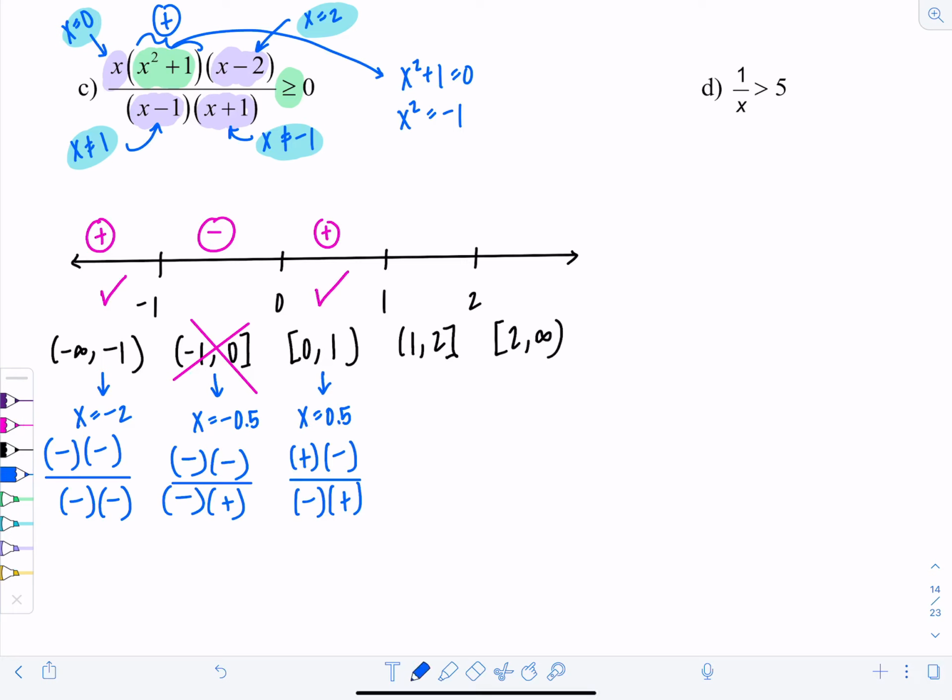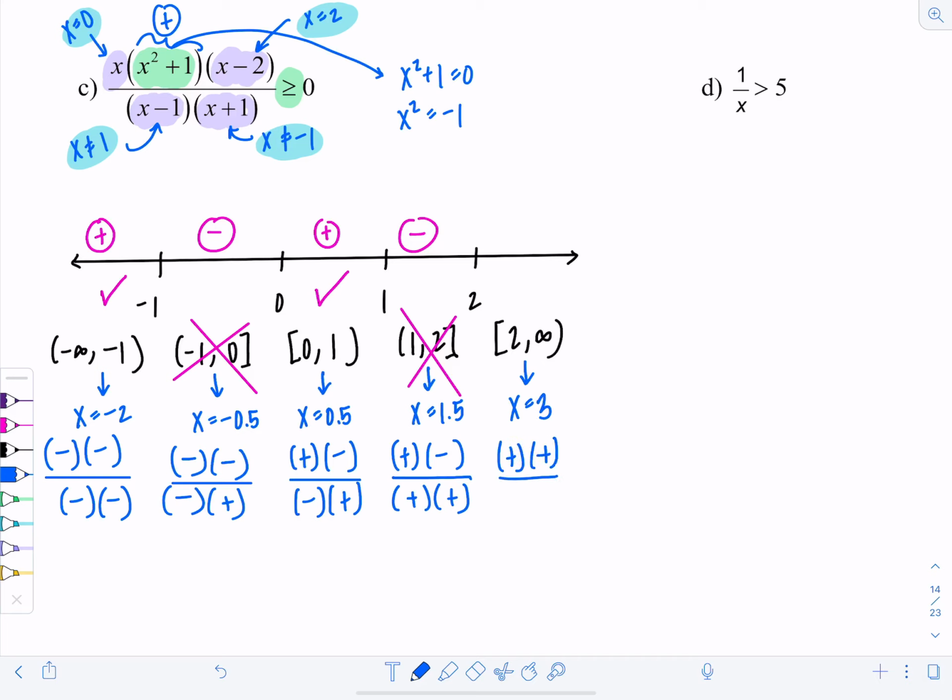Okay, next one, from 1 to 2. Let's test with 1.5. I'm going to go more quickly now. So positive, 1.5 minus 2 is negative, 1.5 minus 1 is positive, positive. So everything in this interval is going to be negative, no good. And last one, 2 to infinity, let's test with 3.